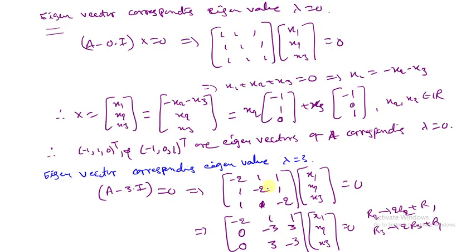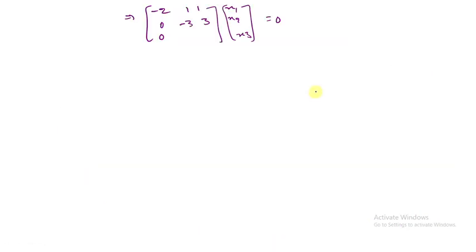Now convert this term to 0: add R2 to R3, R3 equal to R3 plus R2, giving 0 0 0.